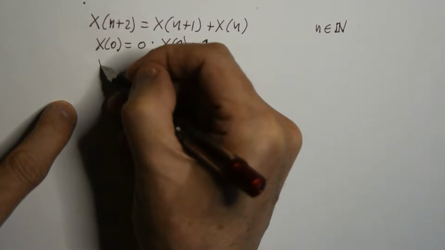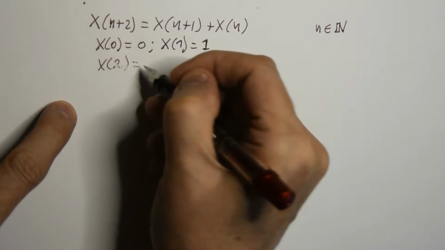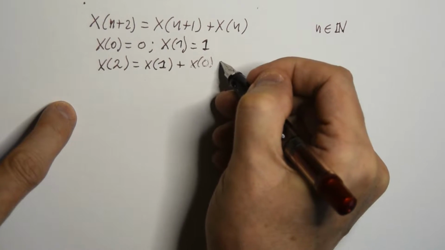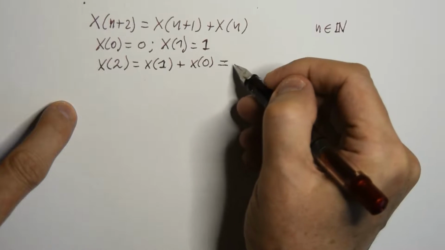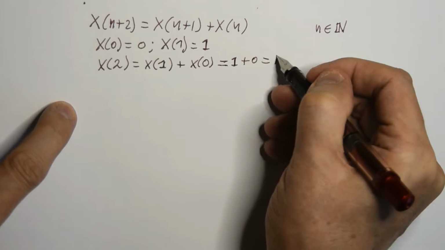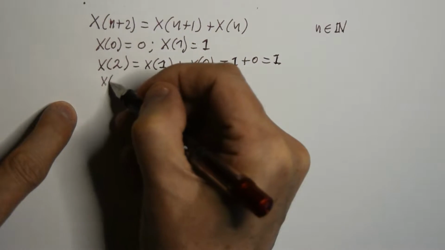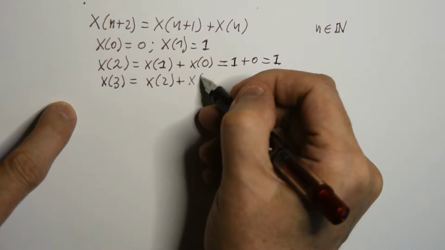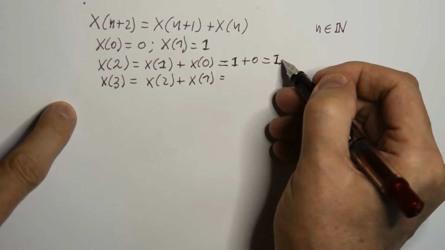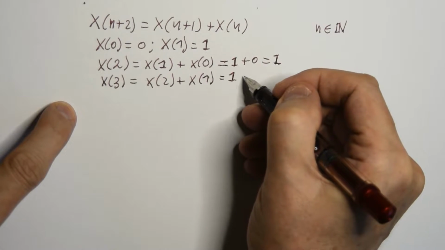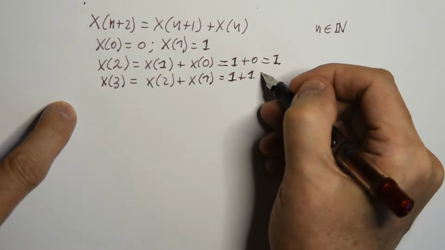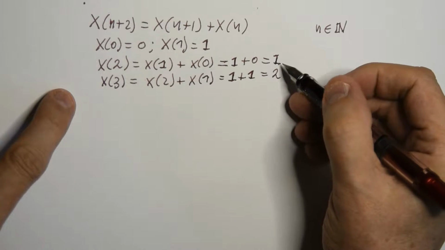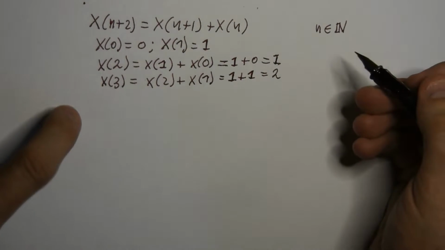Based on this, we can say that x2 equals x1 plus x0, and that equals 1 plus 0 equals 1. x3 equals x2 plus x1, which is 1 plus 1, gives you 2, etc. So x4 will be the sum of the two previous numbers, which will be 3, etc.